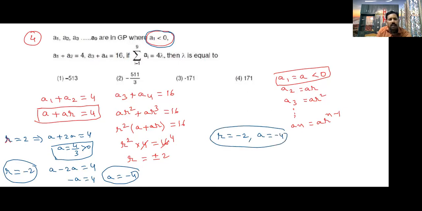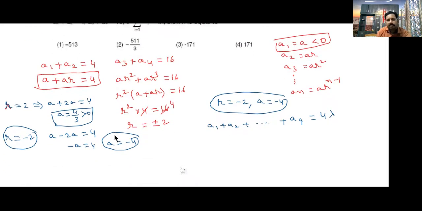Okay. Now we need to find sigma i is equal to 1 to 9, ai is equal to 4 lambda. That means A1 plus A2 plus and so on, A9 is equal to 4 lambda. How many terms are there here? 9 terms. Sum of 9 terms.